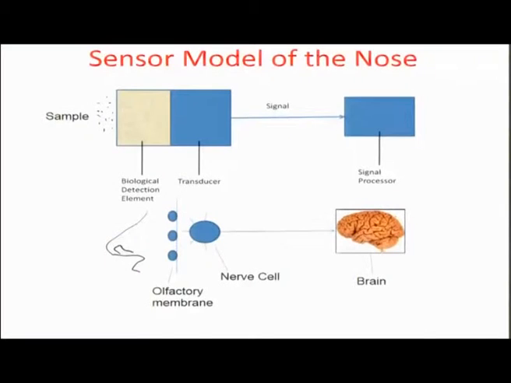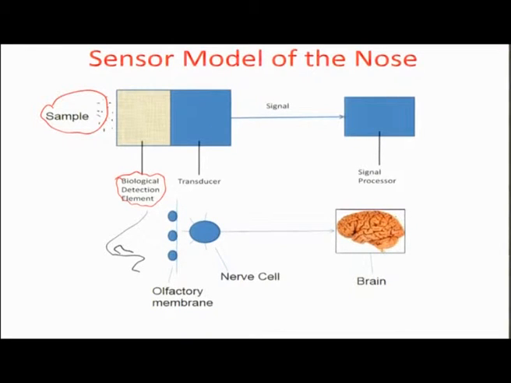So if I wanted to lay it out as a sensor model, the sample that we are collecting here is the air molecules passing through your nasal tract. There is a biological detection element, the hair-like cilia on the olfactory membrane, which is responsible for the thousands of chemical reactions with the different materials or gases which enter the nasal tract.